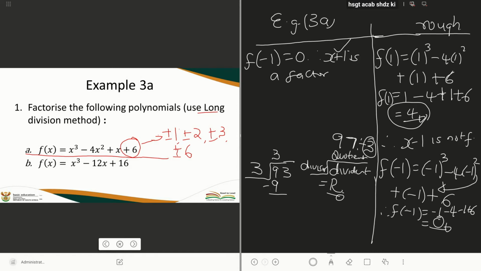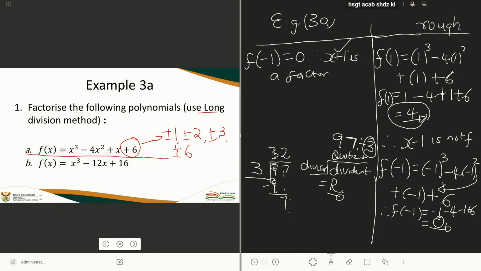And then you bring down the next term. Your next term is 7. Then you bring down your 7 there. 3 into 7 goes how many times? 2 times. So 2 multiplied by 3 is going to be 6.